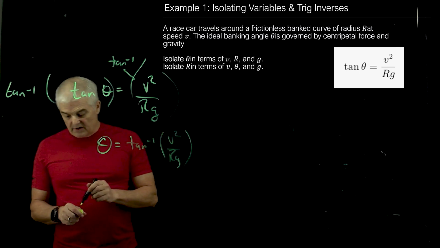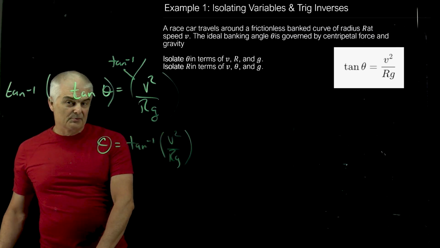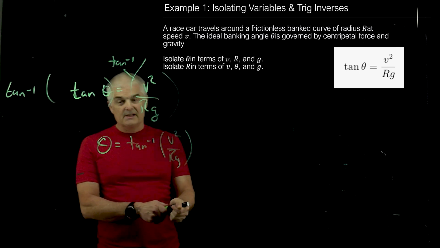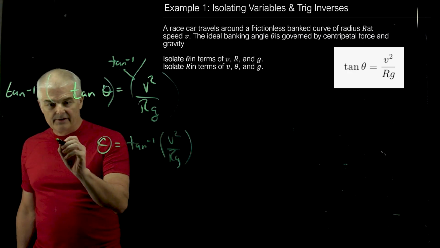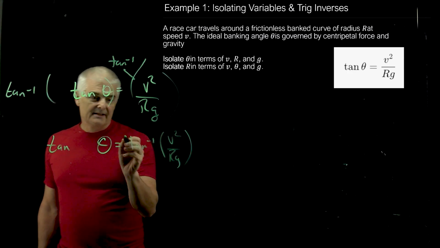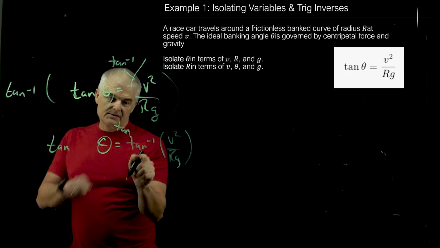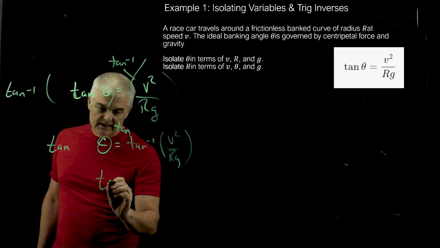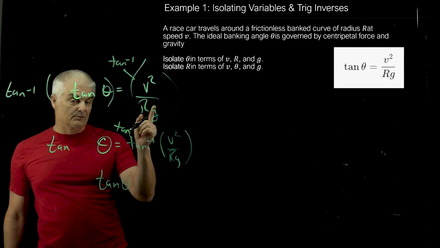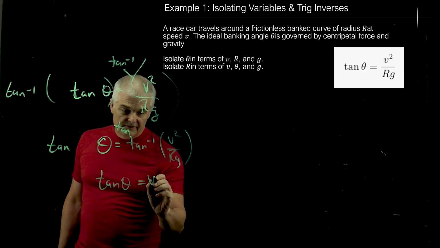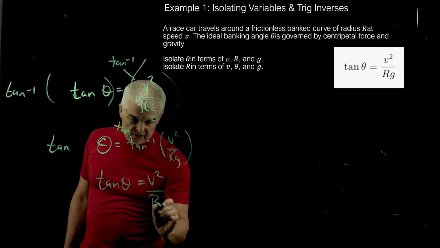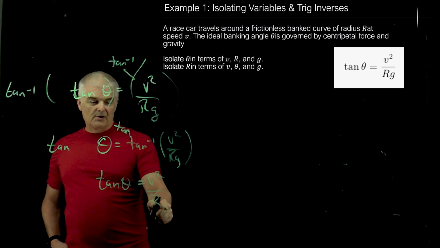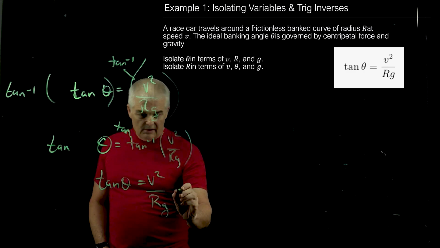Now, the second part, I want to isolate r in terms of v, theta, and g. So I'm going to take the tan of this again, and the tan of this. So the tan times tan^-1 becomes 1. So I can say tan theta, I guess this is just going back to the original equation, equals v squared over rg. If I want to solve for r, I'm going to multiply both sides by r, right?